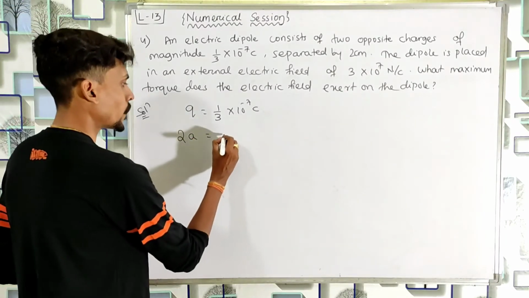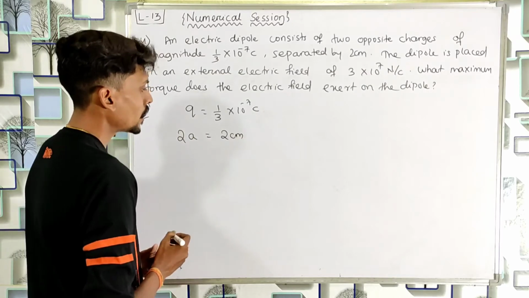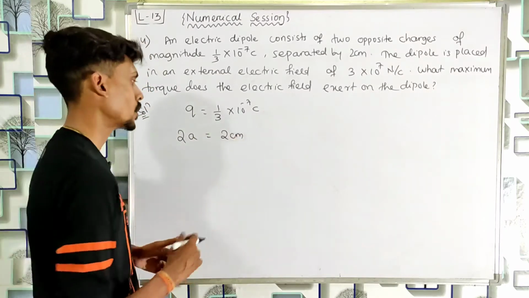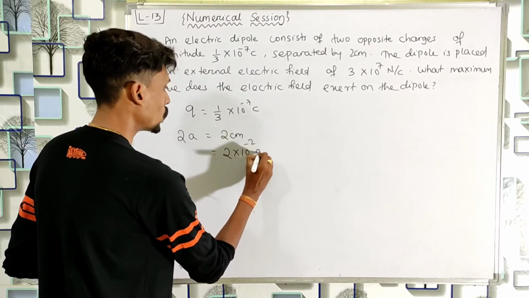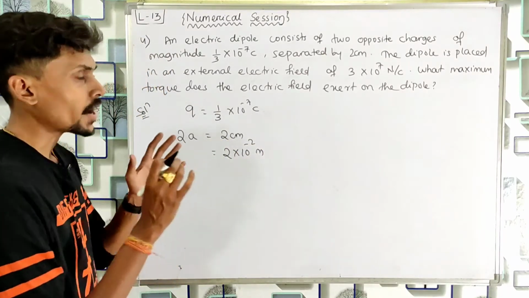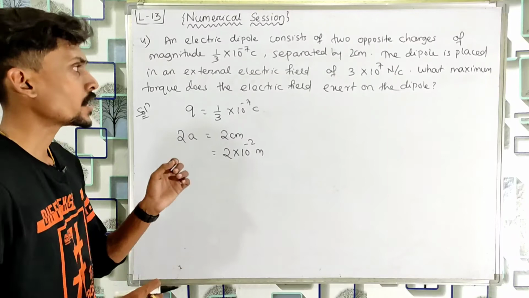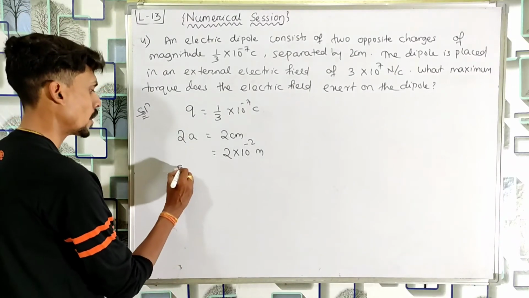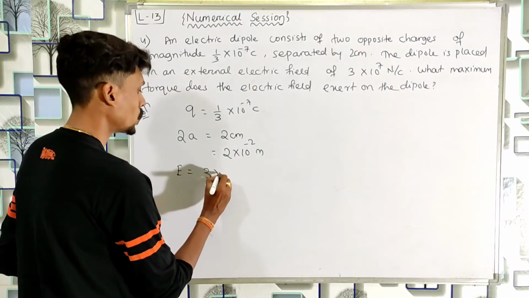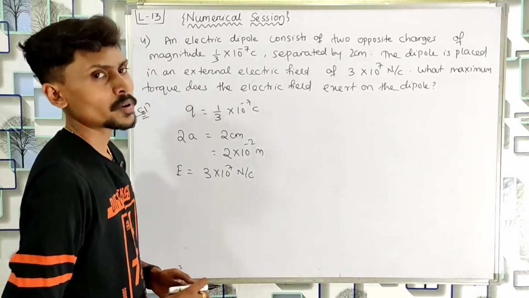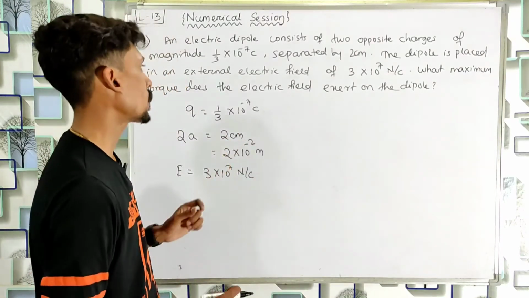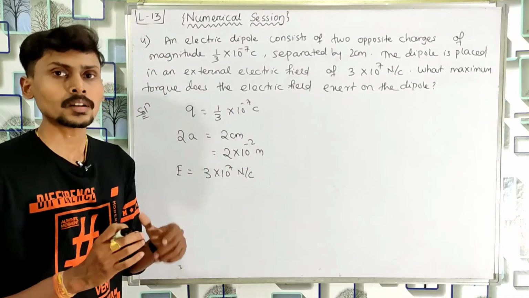So 2a is given as 2 centimeter, and we have to convert this to meter. So 2 centimeter is equal to 2 into 10 to the power minus 2 meter. And this dipole is placed in an external electric field having magnitude 3 into 10 to the power 7 Newton per coulomb. So we have to calculate what is the maximum torque exerted by the electric field on the dipole.